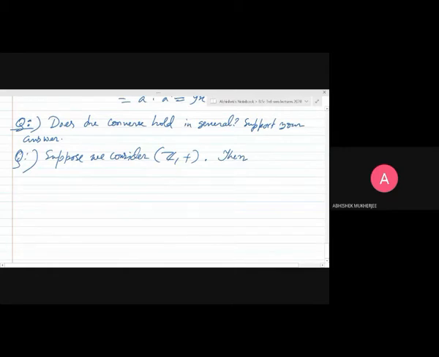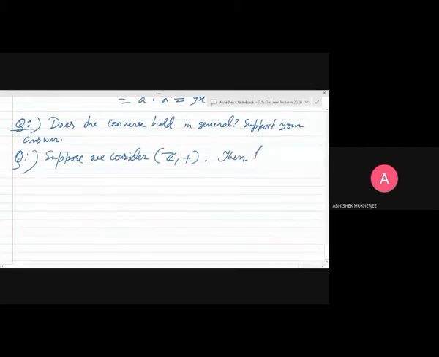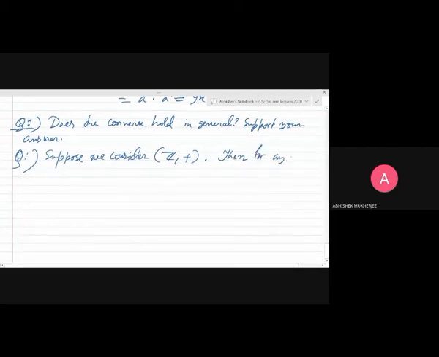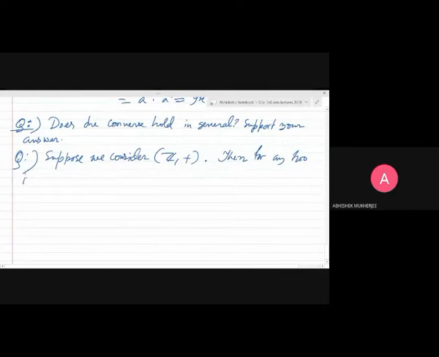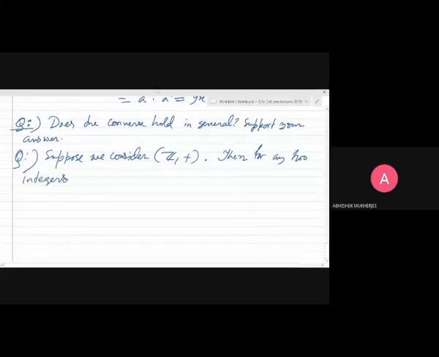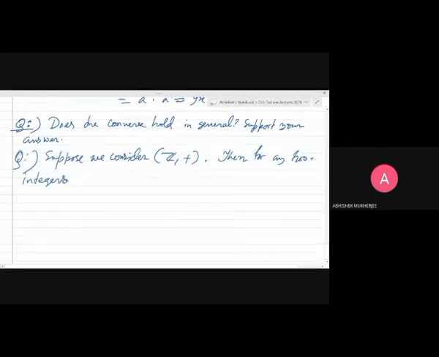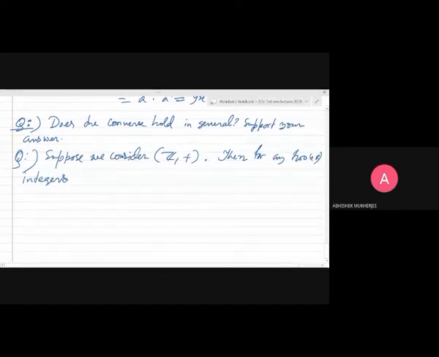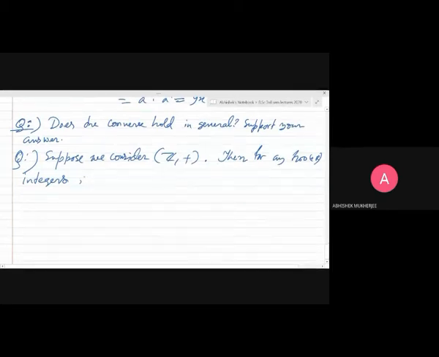Then for any two positive integers n, m, consider nZ plus mZ.